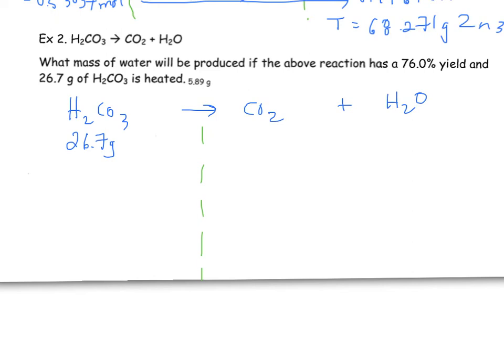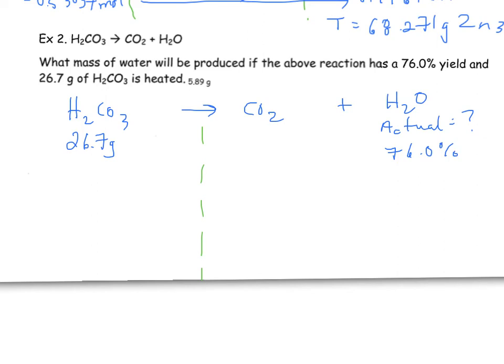I'm told in the question that 26.7 grams of H2CO3 is going to be heated in a decomposition reaction. I want to find the actual yield of water that's made, if there's a 76% yield for this reaction.